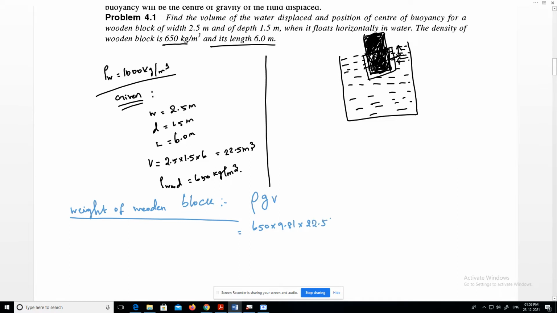We have already calculated. Multiply these terms, you can get the weight of the block. The value will be 143471. Everyone use a calculator, then only you can understand everything. It will be easy for calculating from the university examination point of view.